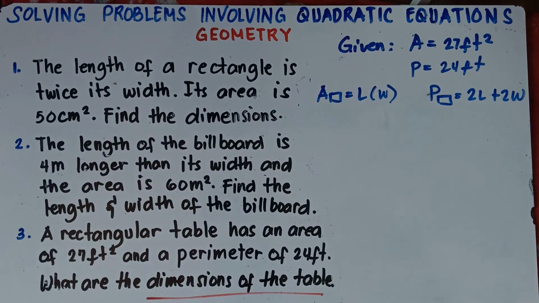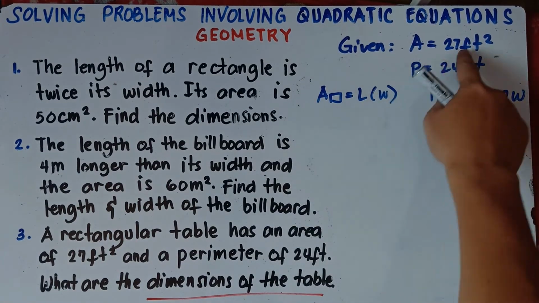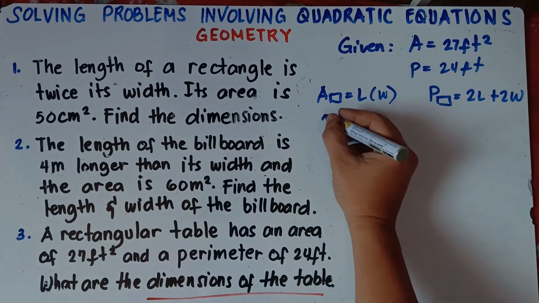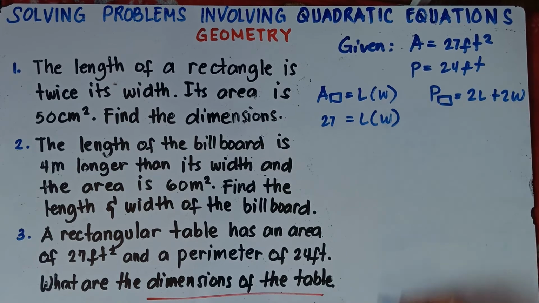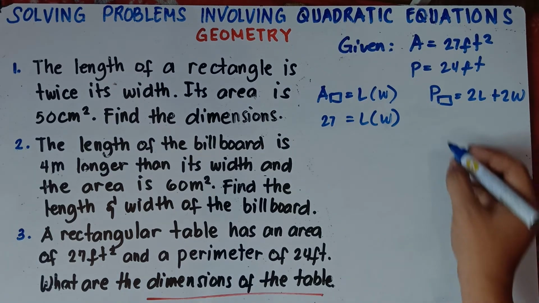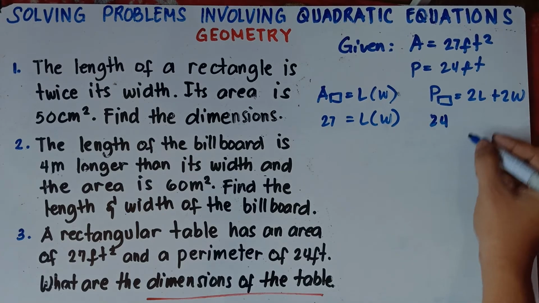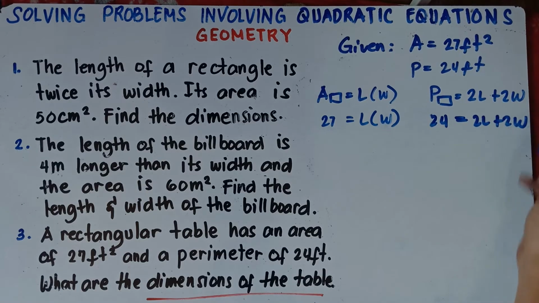So let's write the equation, class. Let's substitute the value of area. The area is 27 feet squared, so let me just ignore the units. Just simply copy 27 equals length times the width. And for the perimeter, the perimeter is 24 feet equals 2L plus 2W.